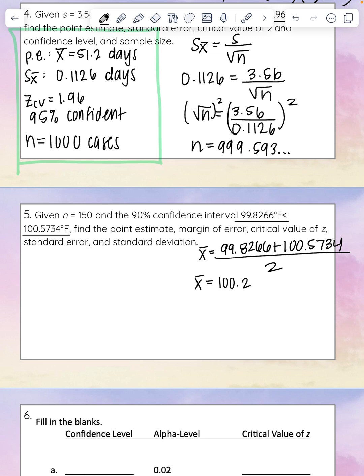I got 100.2, so the point estimate is 100.2 degrees Fahrenheit.